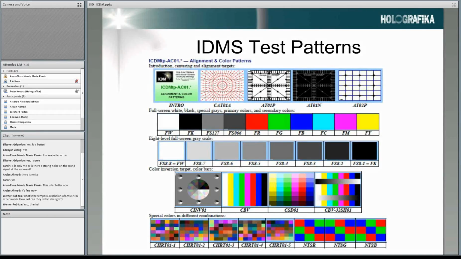So, for example, there are alignment patterns. There are all kinds of simple solid color patterns, as well as gradients, as well as colors which are somehow special because different display technologies might handle them specially.